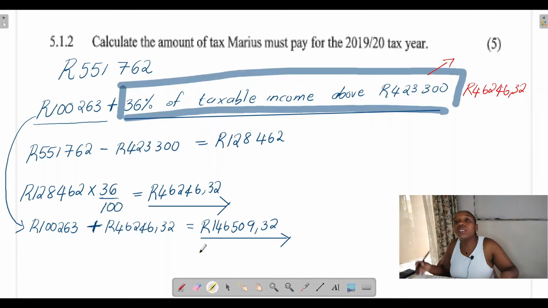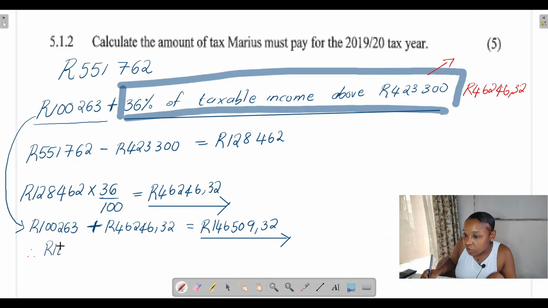Okay, so that means from the amount that we've already calculated, 146,509.32, we still need to subtract 14,220 to get the total amount of tax that he actually pays, right? So we're going to take that 146,509.32 and minus it with 14,220, because that is the refund that he gets.